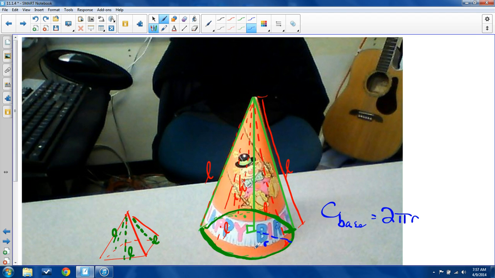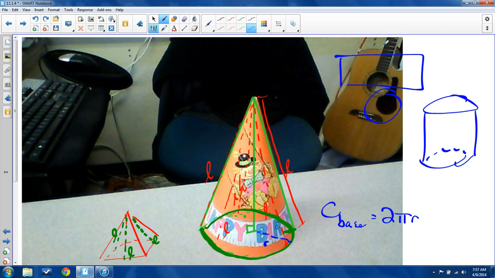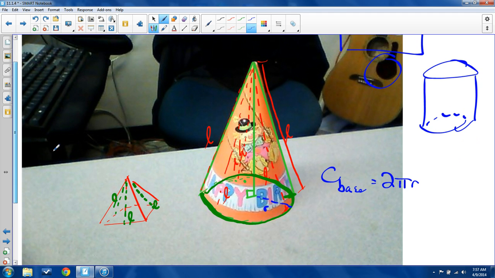But remember when we did cylinders, and I'm going to talk about cylinders when we talk about volume here, we unfolded the toilet paper, and then we get a rectangle, and then a circle on top and circle on bottom. Sorry that you can't really see it, but check that out. Rectangle for the lateral area. The whole surface area also includes my two bases on top and bottom. So when we do this cone right here, there's the lateral facing, this stuff right here, and then there's the bottom.